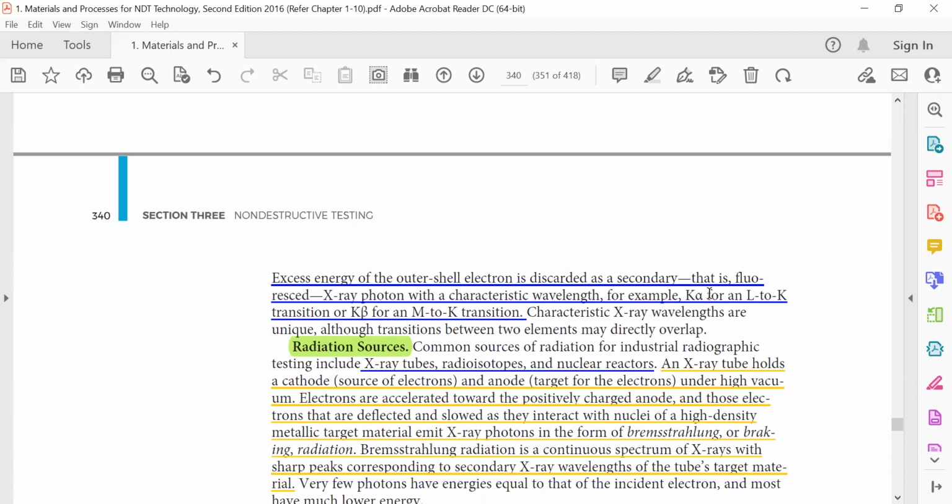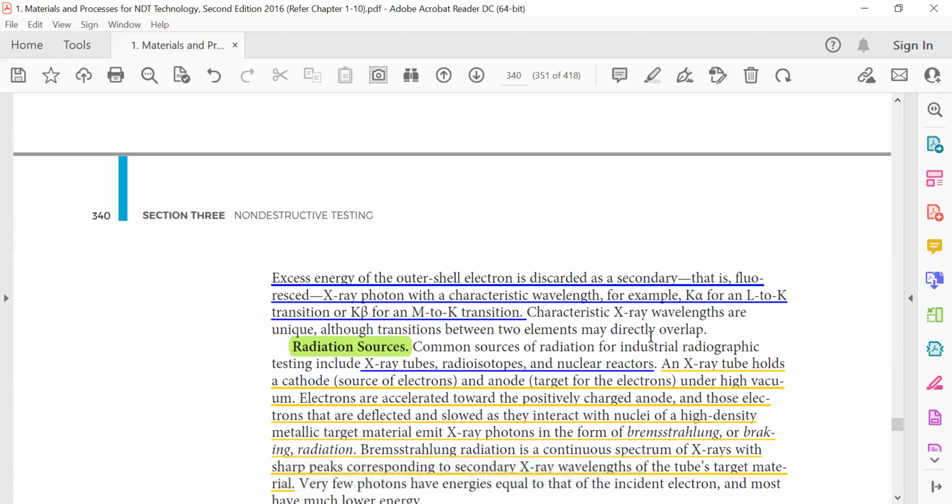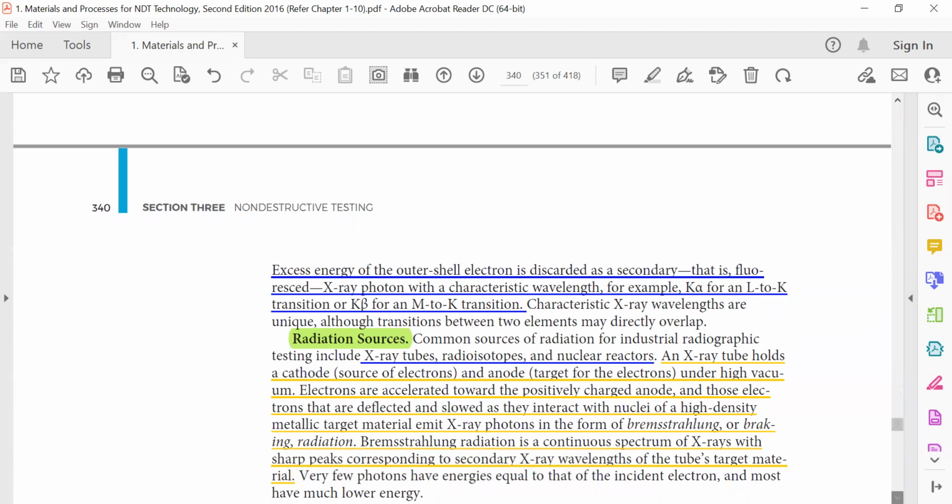For example, K alpha for L to K transition, K beta for M to K transition. Characteristic X-ray wavelengths are unique, although transitions between two elements may directly overlap.